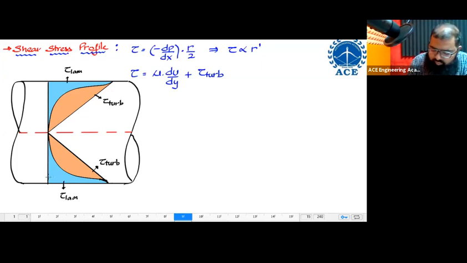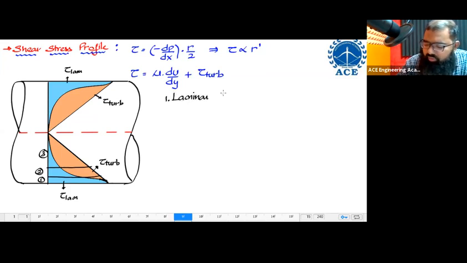But now what we will do is divide this entire pipe portion into two parts. This is the first portion, then I have the second portion over here, and the rest of it is the third portion. First, second, and third portion. The first portion is known as the laminar sublayer portion.